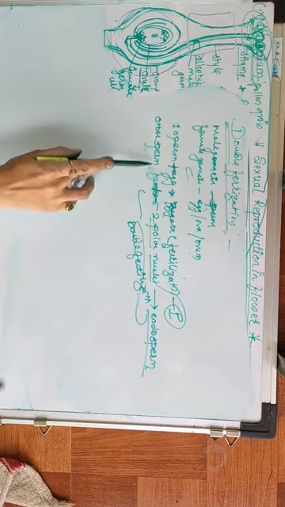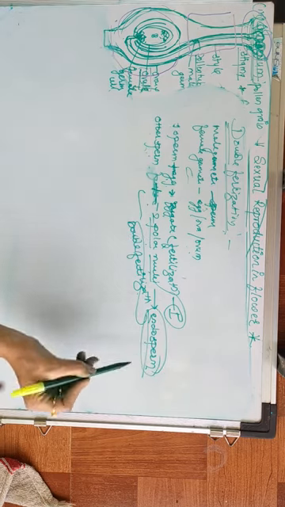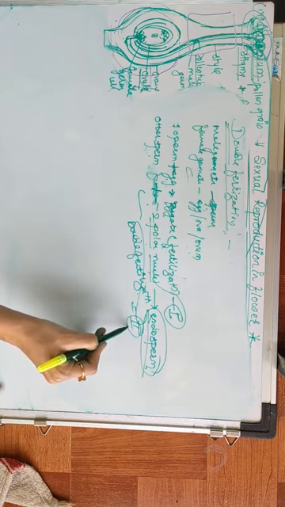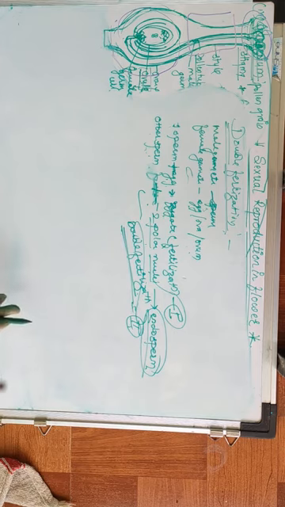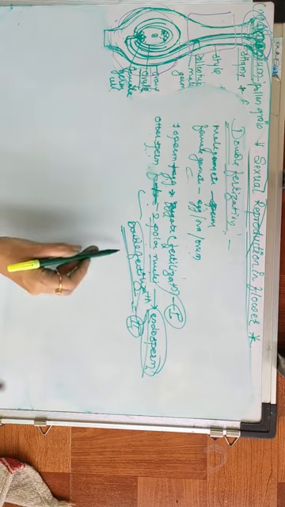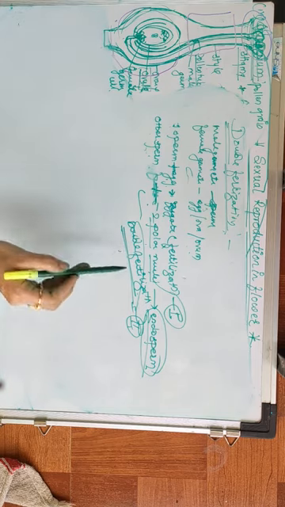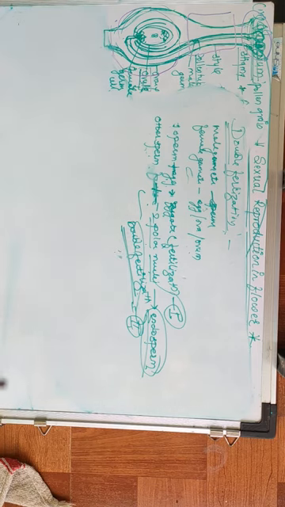So this another sperm fused with these two polar nuclei, they form a structure called endosperm, and this is the second fertilization. So one and two fertilizations occur, that's why this process is known as double fertilization. Why is it called double fertilization? Because two fertilization events are taking place.